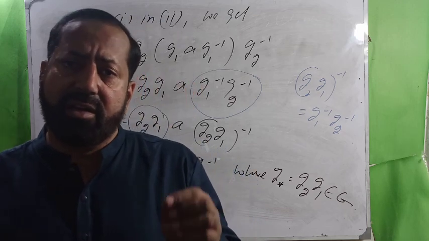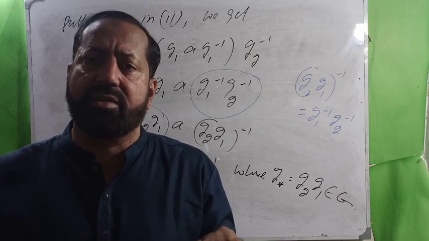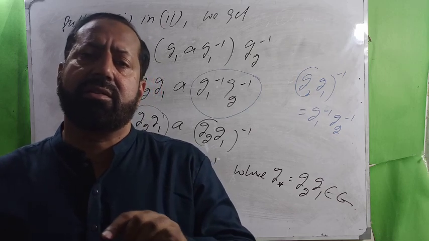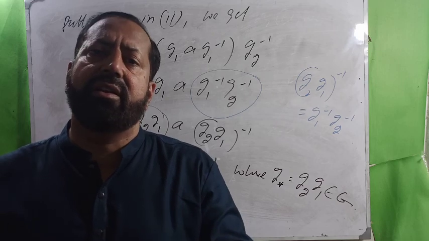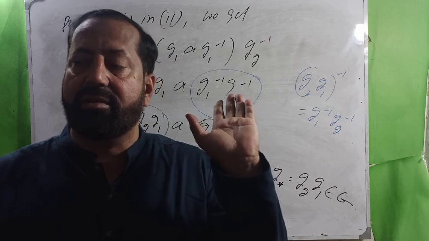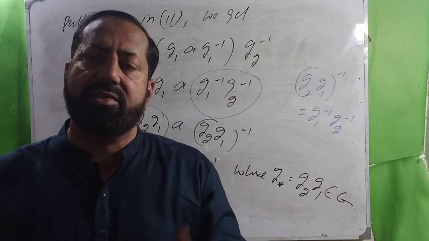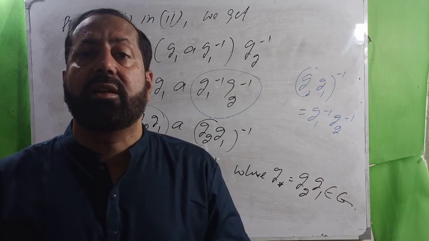whenever you define a relation on any set which is an equivalence relation, then that relation must define a partition of that set. So here in our context, we have proved that this conjugate relation is an equivalence relation.